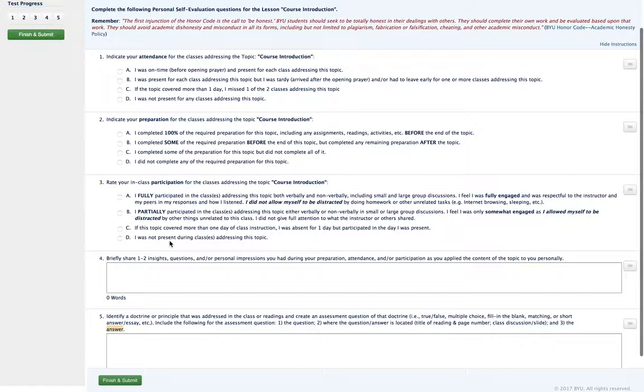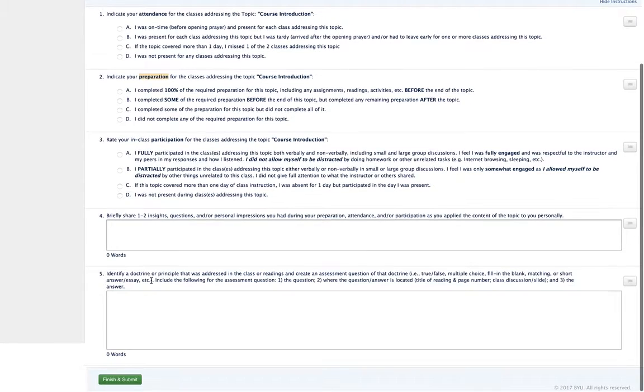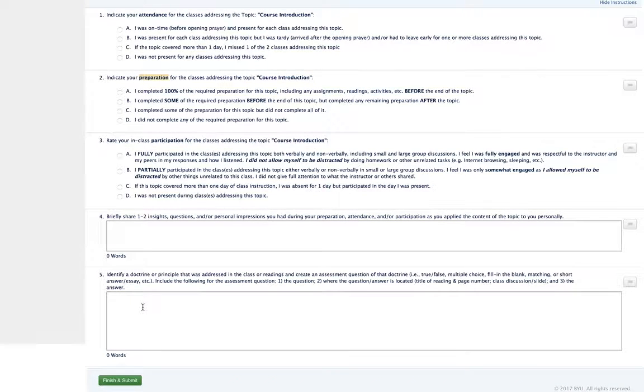Keep in mind that if you are not in class and had to miss for some reason, you're still responsible to complete the PSE for that topic. Although you might not be able to get points for attendance or participation because you were not there, you can still get points for preparation and including an insight or question as well as creating an assessment question.